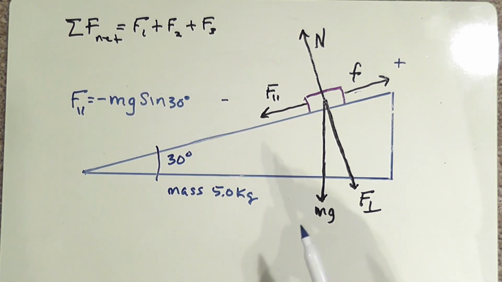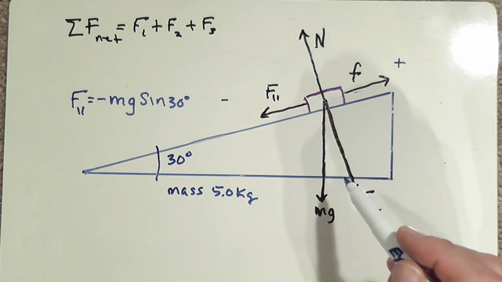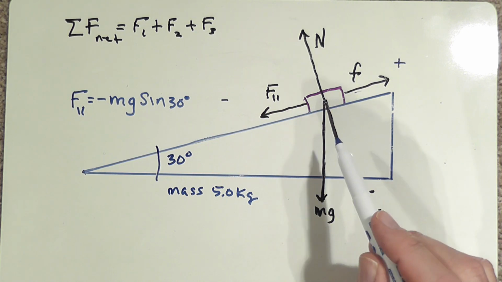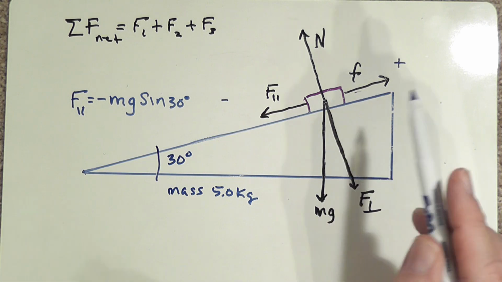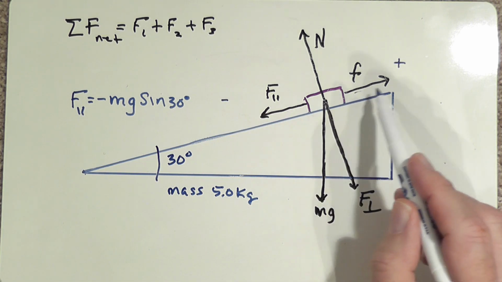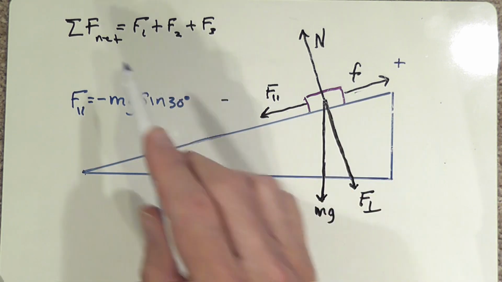That is the force that will let the mass come down and accelerate at a certain velocity. Now, if there was friction, then the frictional force, we'd have to add that to the net force.